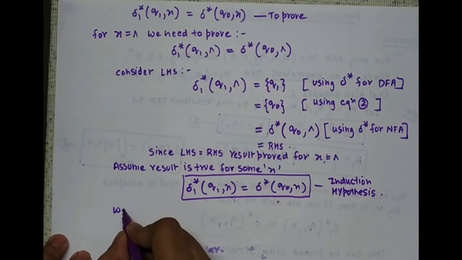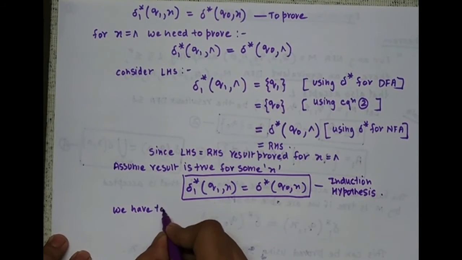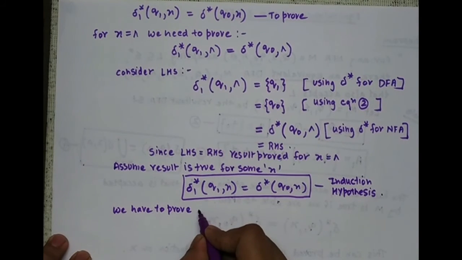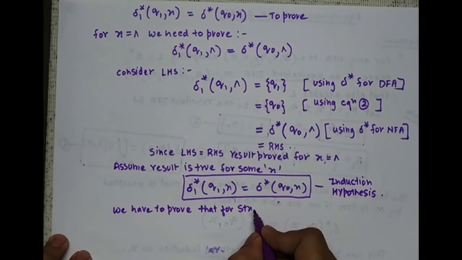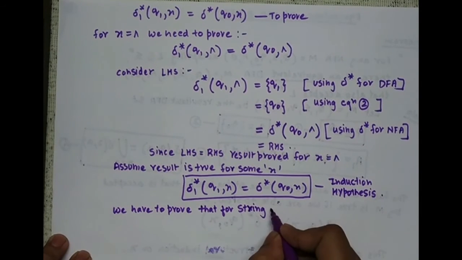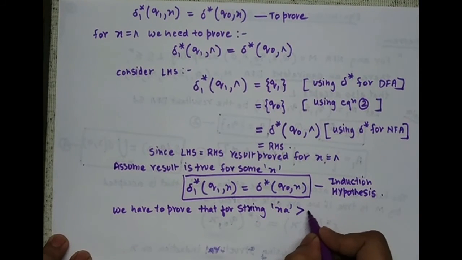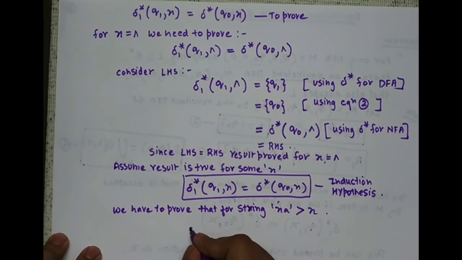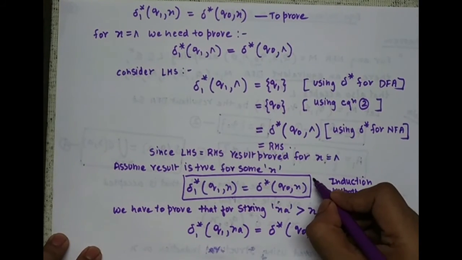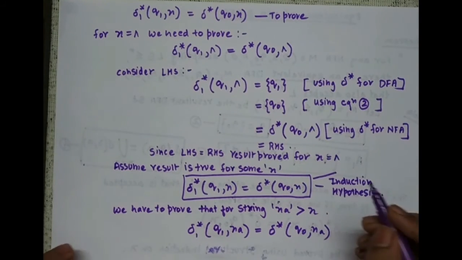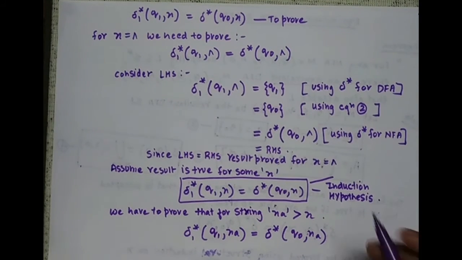Now we have to prove that for the string xa, del 1 star of q1 comma xa is equal to del star of q0 comma xa.